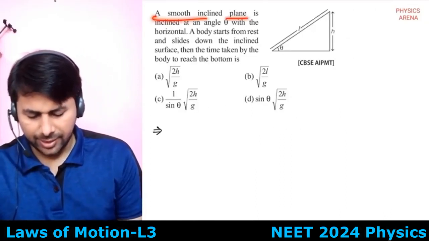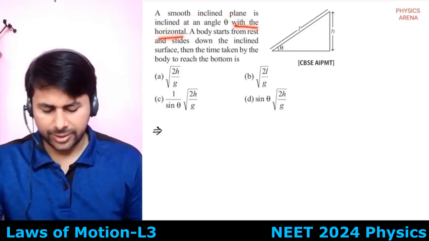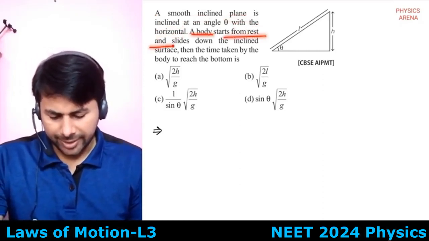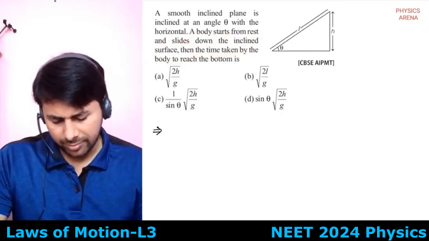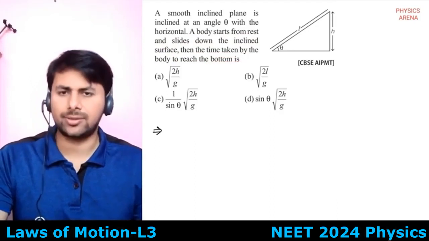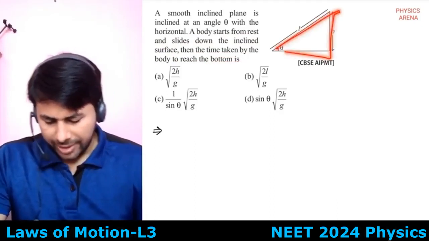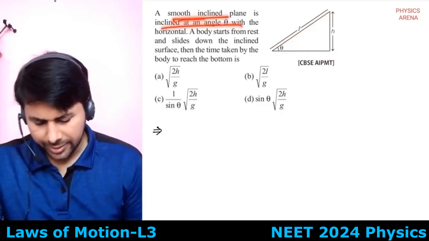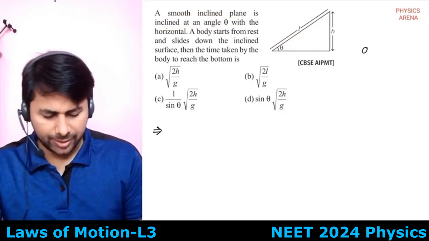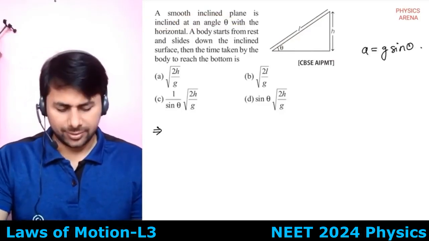A smooth inclined plane is inclined at an angle of theta with the horizontal. Body starts from rest and slides down an inclined surface. Then the time taken by the body to reach the bottom is? So how do we find time taken? This is a smooth surface, so acceleration would be g sine theta.